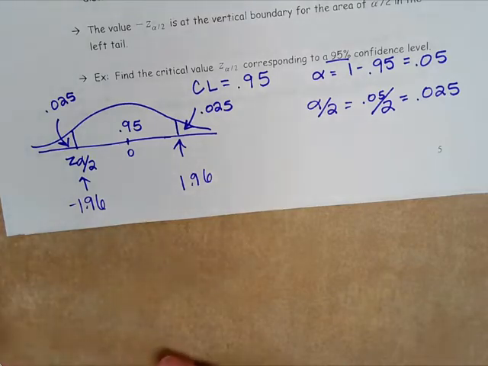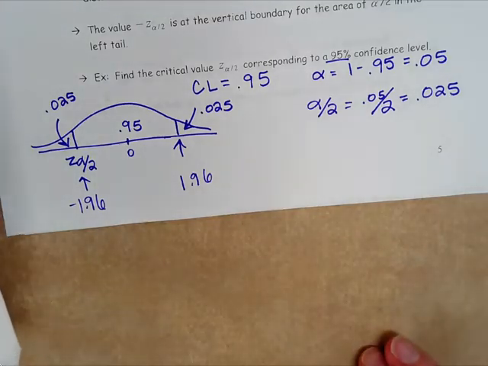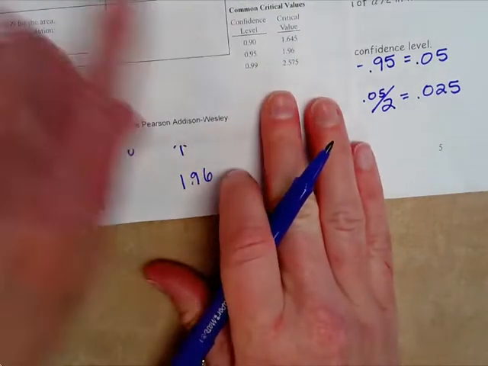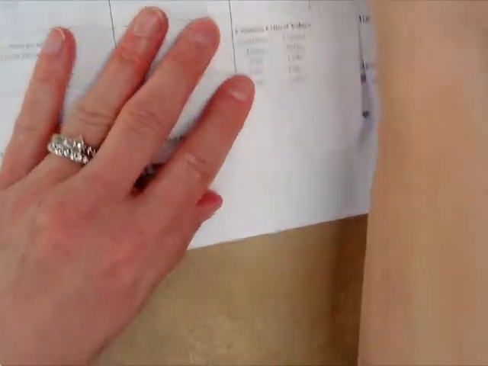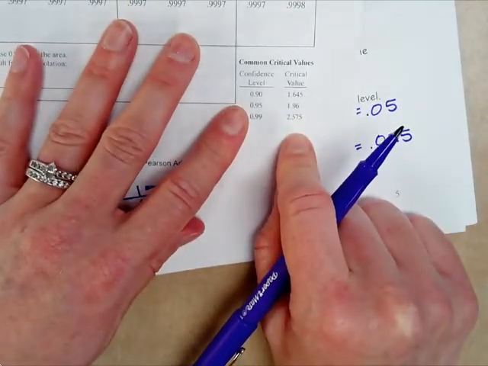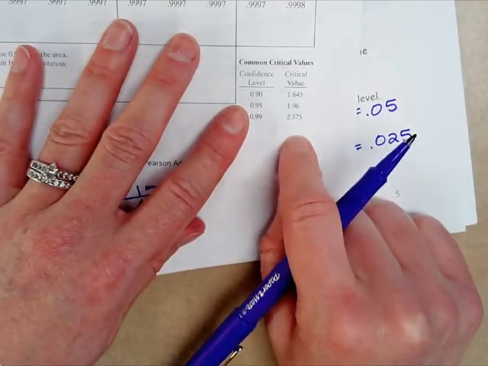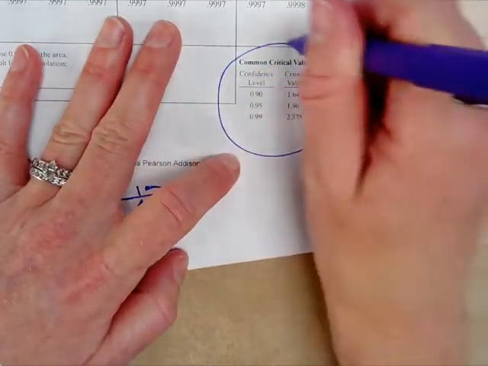And what our table actually gives us, look down here at the bottom. On the positive z-score side, look at the bottom. It will actually give us some of the common critical values. So that's going to be helpful. So circle that.